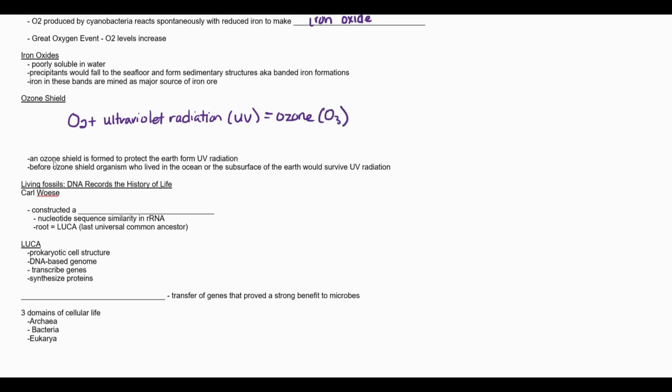So an ozone shield is formed to protect the Earth from the UV radiation. Now, organisms that were in the ocean or in the subsurface of the Earth would be able to survive the UV light before there was an ozone shield to protect those that were on the surface of the Earth.